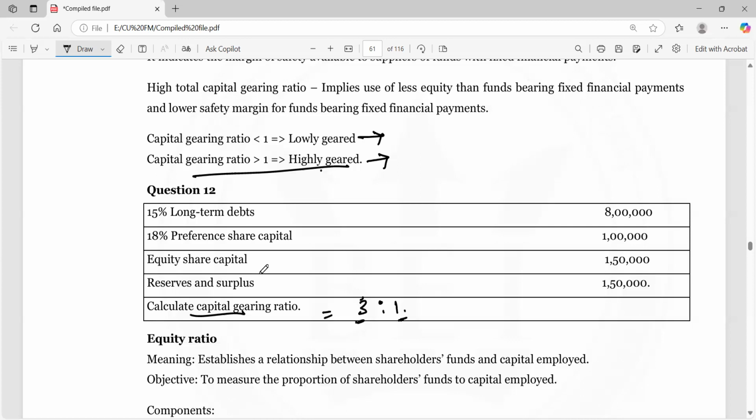Makes sense. If it is 1 is to 1, it is neither highly geared nor lowly geared, but DFL won't be equal to 1. Check it. But yes, if it is 1 is to 1, you can say it is neither highly geared nor lowly geared. The proportion of equity and funds bearing fixed financial charges are equal. That's all.